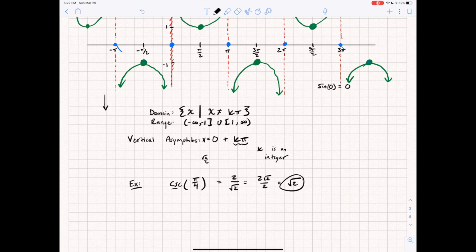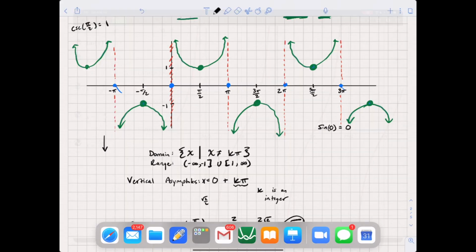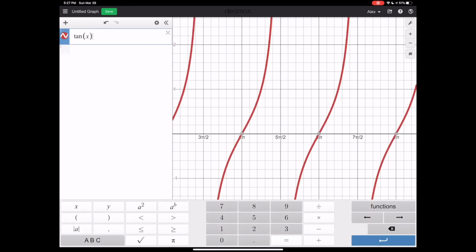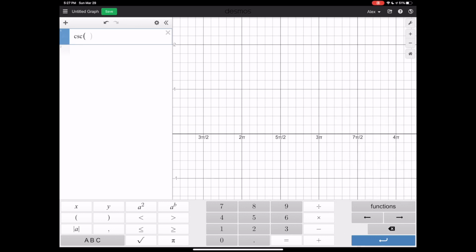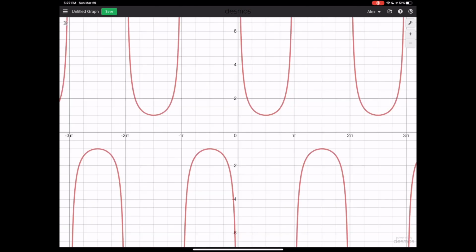I'm going to go to Desmos now, and just like how I showed you tangent, I do want to show you cosecant. So I'm going to erase these. Ooh, excuse me. All right, so I'm going to do cosecant of x. And you'll see here the humps, the horseshoes. And notice again how these horseshoes are being contained inside of the pis.